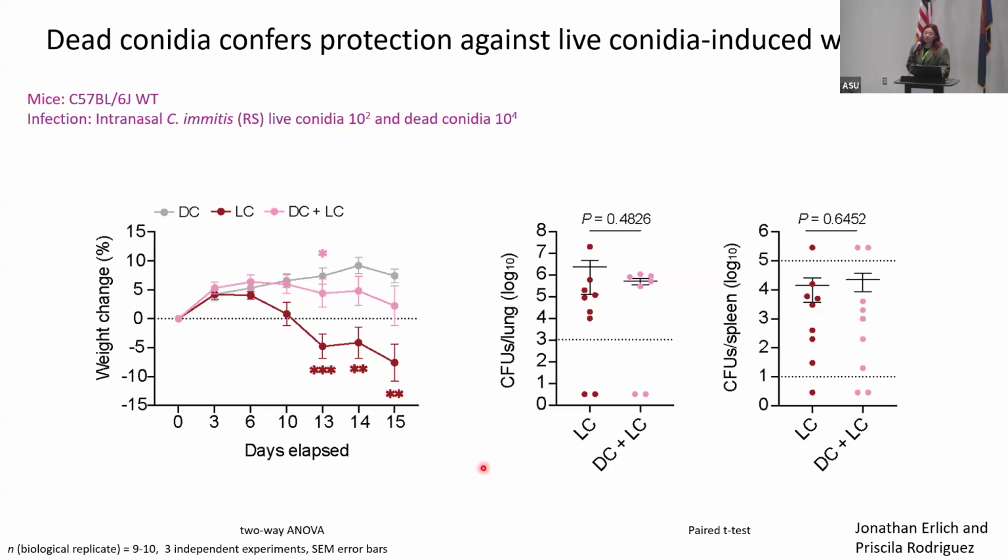But mice co-infected with live and dead conidia maintained stable body weight, similar to our uninfected control mice. This suggests to us that dead conidia do provide some sort of protective mechanism against live conidia-induced weight loss. But we do not think that this protection is due to fungal clearance, because the fungal burden in both lung and spleen looked similar between the two treatment groups.